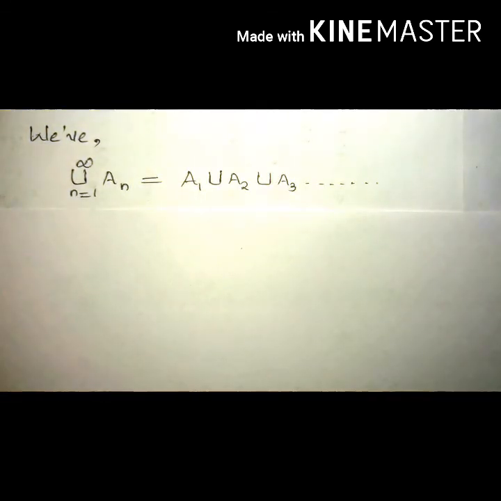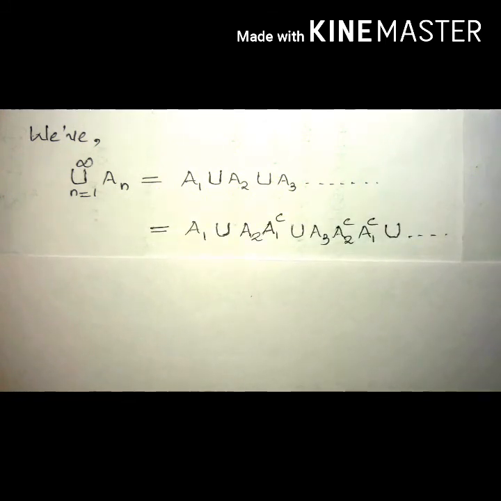We have union n equal to 1 to infinity An equal to A1 union A2 union A3 etc. And this can be rewritten as a union of disjoint elements. That is equal to A1 union (A2 intersection A1 complement) union (A3 intersection A2 complement intersection A1 complement) union etc.